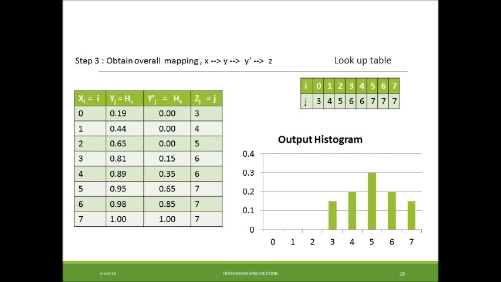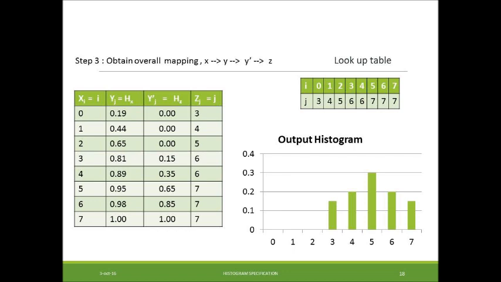In Hz, we can see that 0.15 is the closest value to 0.19. And the intensity value corresponding to 0.15 is 3. And that's why we put j equal to 3. So in the lookup table, corresponding to i equal to 0, we have j equal to 3.